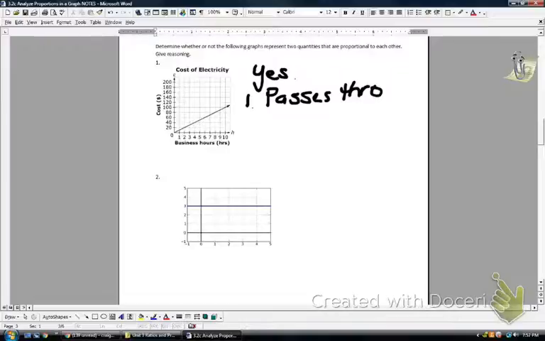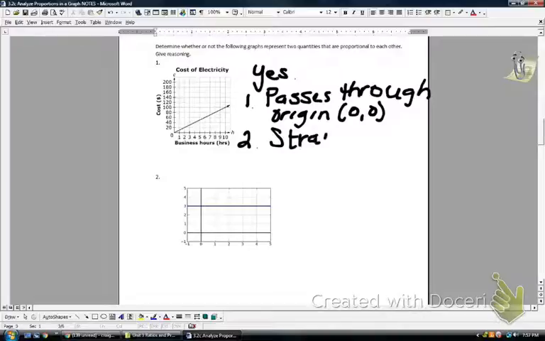Or if you want to say passes through 0, 0, that's fine too. You don't have to write both of those. Write the one that makes the most sense to you. And then the second condition is it's a straight line or linear. So if you want to use the math word, it would be linear.